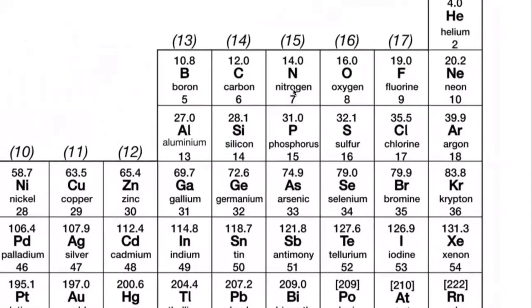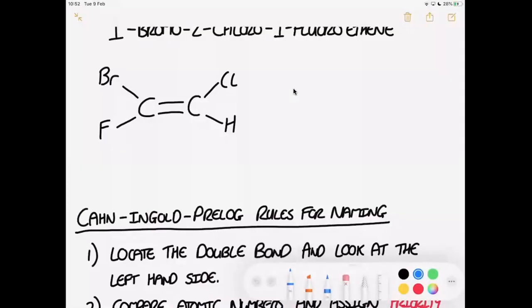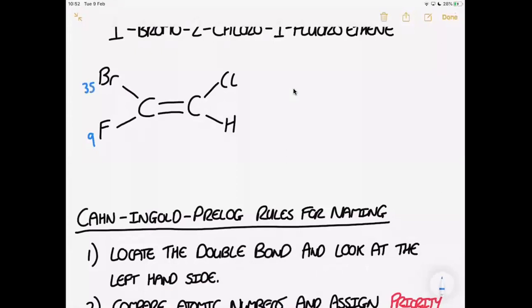Fluorine has an atomic number of 9, and bromine has an atomic number of 35. So let's think about those numbers. We don't have to mark them on, I'm just doing it for this example. What that means is bromine has priority. And when we've assigned priority, that's the thing we're using as our guide in terms of the geometry.